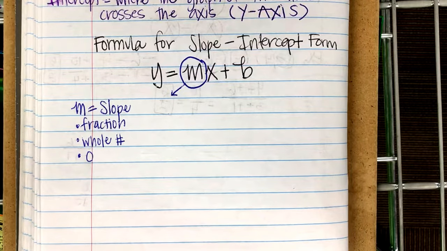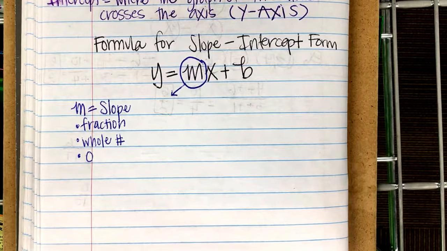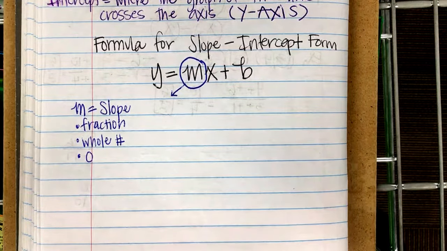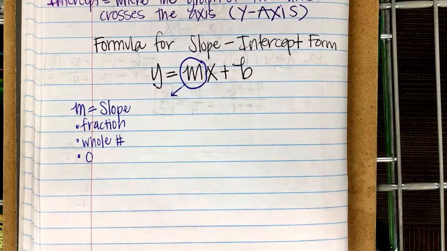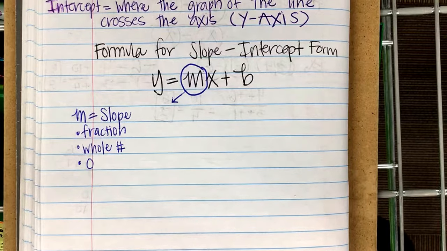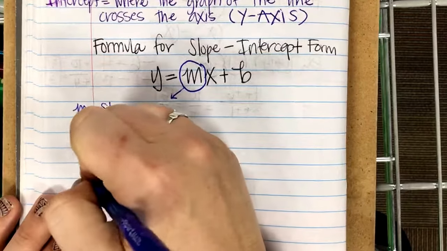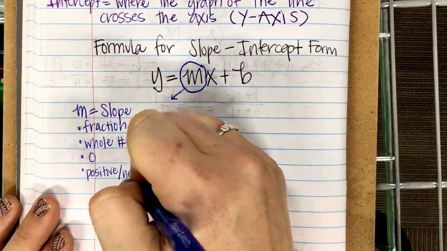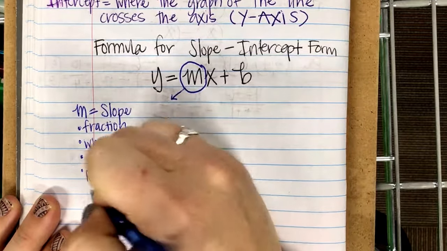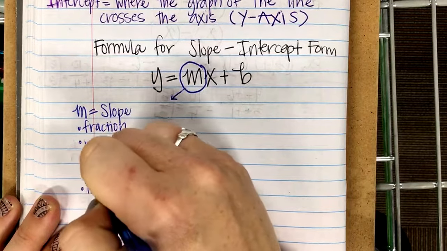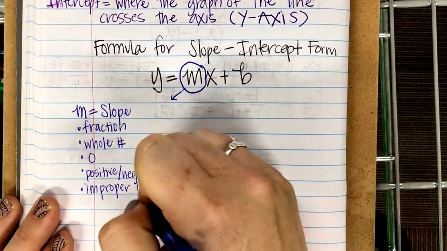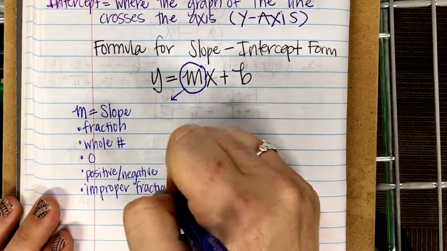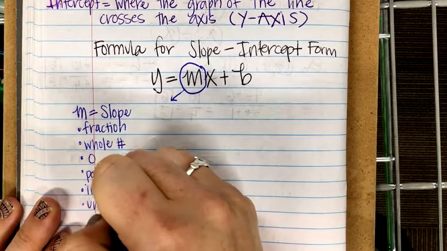Can it be positive? Yeah. If it can be positive, what else can it be? Negative. It could be an improper fraction. And it can be undefined. Lots of things we know about slope.